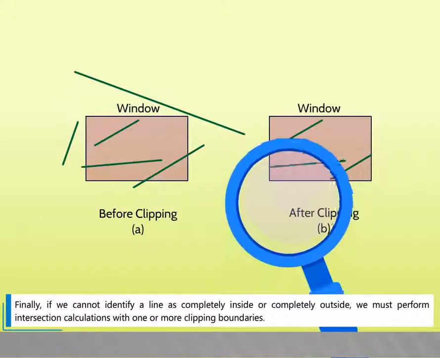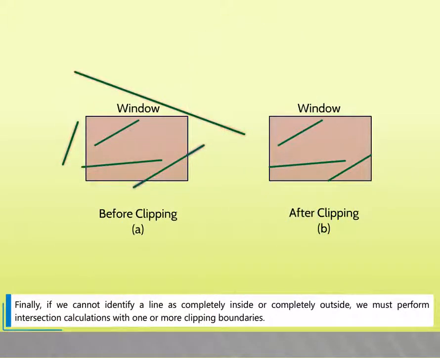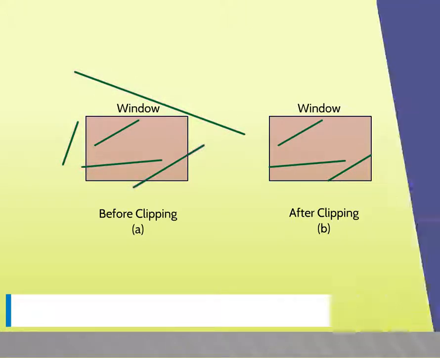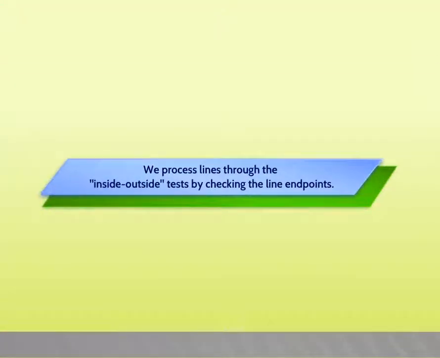Finally, if we cannot identify a line as completely inside or completely outside, we must perform intersection calculations with one or more clipping boundaries. We process lines through the inside-outside test by checking the line endpoints.